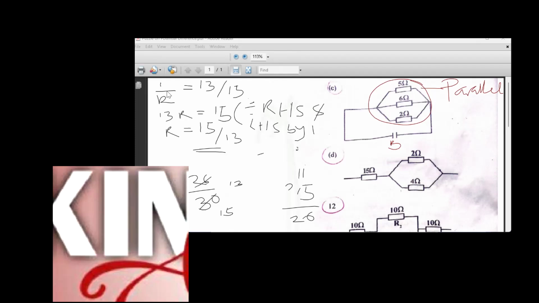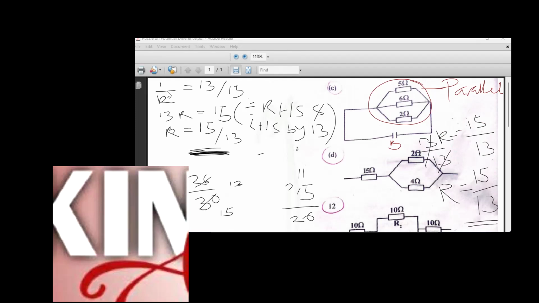That's what I did here, because 13R over 13 equal to 15 over 13. 13 takes away 13 and you have R equal to 15 over 13. Is that correct now?